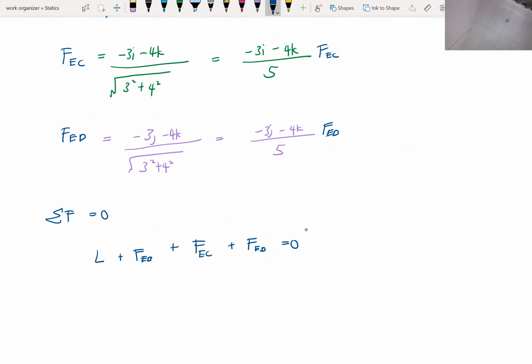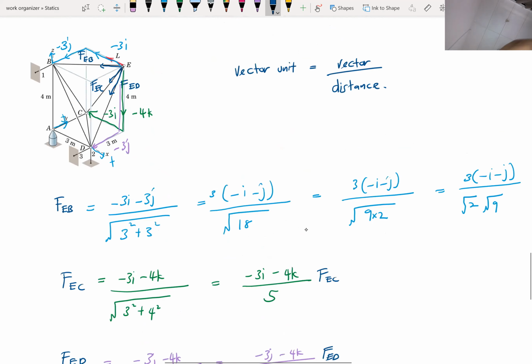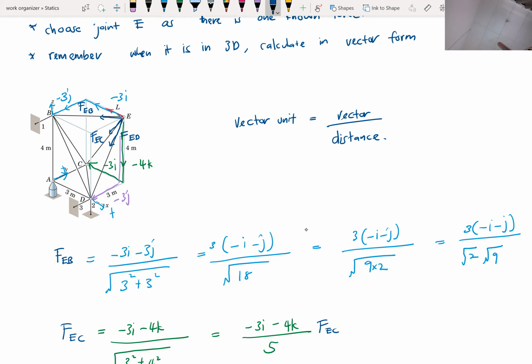Now we do this in vector form. L is heading in the negative i direction, so L will be negative Li.